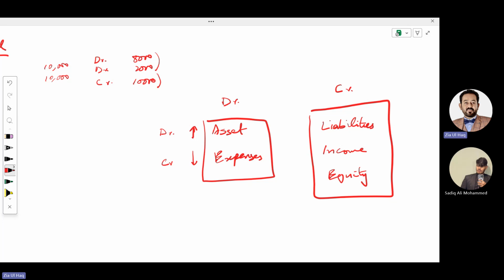We need to pay the electricity bill, an expense, so debit. Because assets and expenses have debit nature, when they are increasing we debit them, and when they are decreasing we credit them. Liabilities, income, and equity have credit nature, so for their increase we will credit.